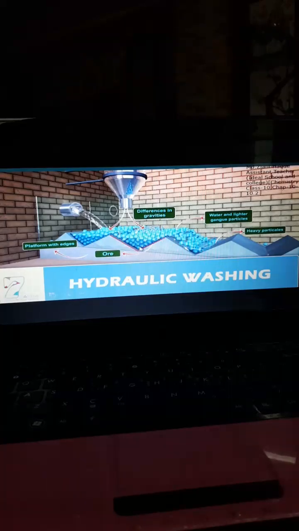This is ore, your expected ore, your wanted ore. So my dear students, normally ferric oxide, aluminum oxide, magnetite or other heavier ores, it means bauxite, ferric oxide, magnetite, such kind of heavier ores can be collected by the hydraulic method.